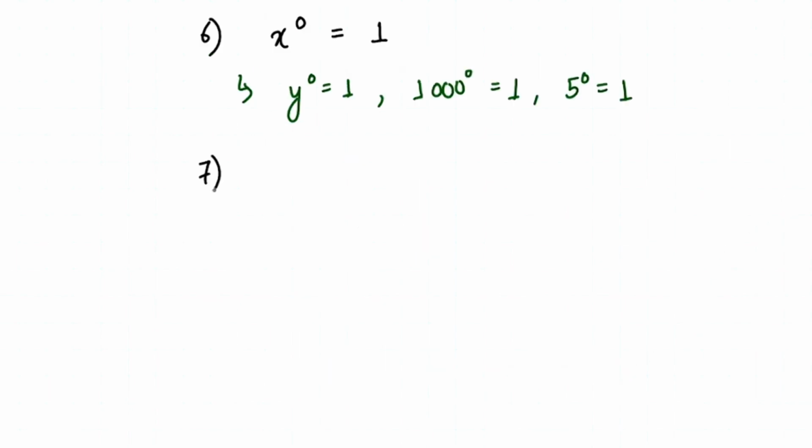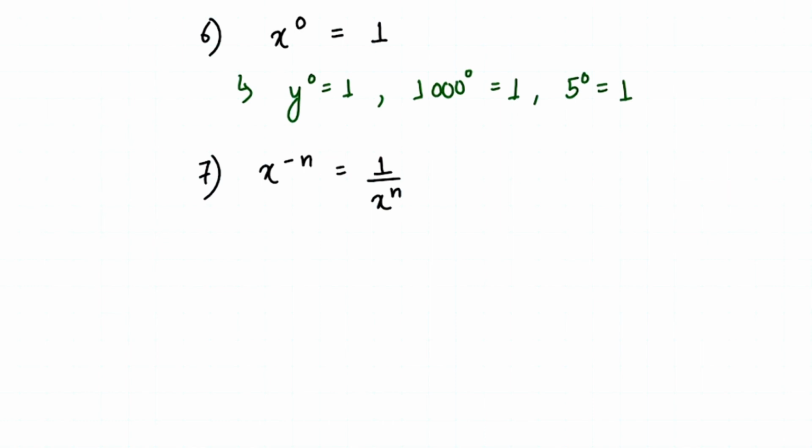Now, for our seventh law, we have something like this. So if we have x to the power minus n or m, it could be anything, right? Then to remove that negative sign, we can write this as 1 divided by x to the power plus n, okay? So when we move the numerator to the denominator, the symbol of the power changes.